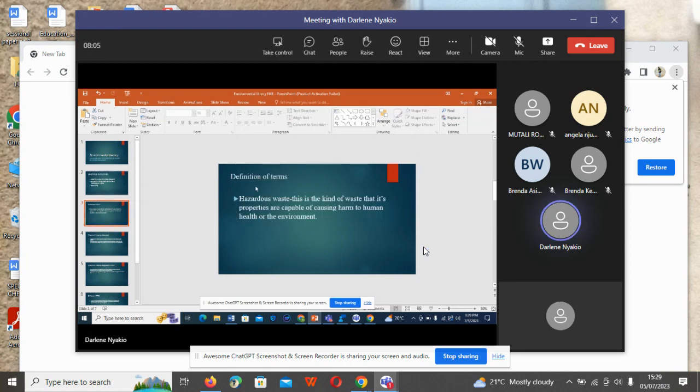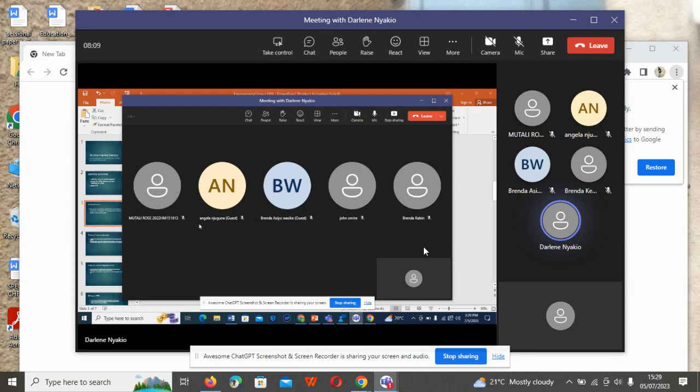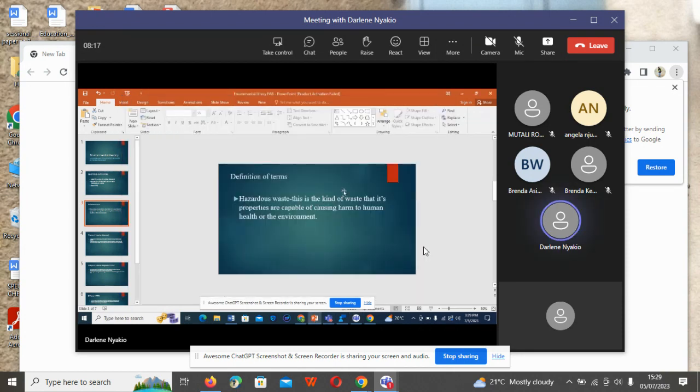Now, on definition of terms, can someone read for us what hazardous waste is? Yes, Kevin? Hazardous waste is the kind of waste whose properties are capable of causing harm to human health or the environment.